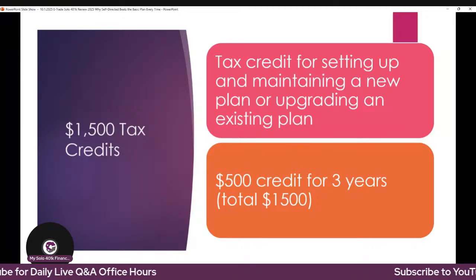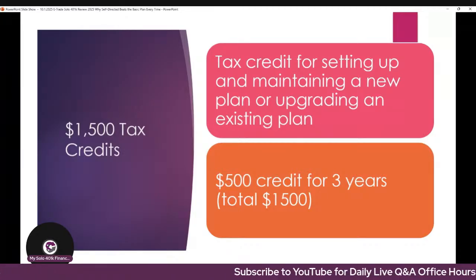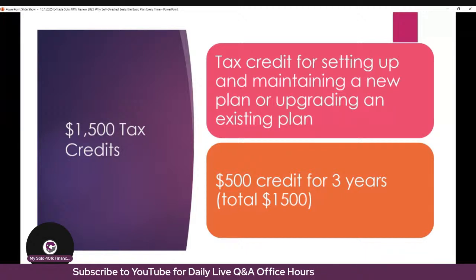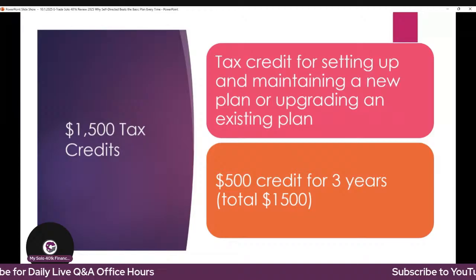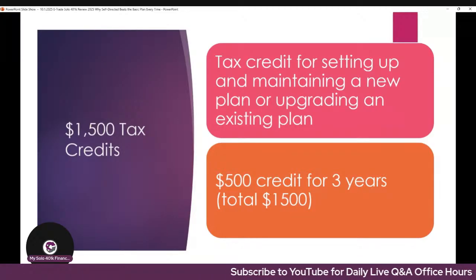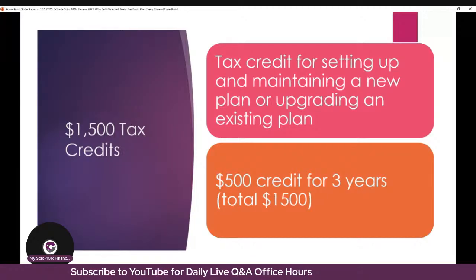Now, it's noteworthy that part of that auto enrollment feature will set a default 3% contribution percentage. But the solo 401k owner, as the participant in the plan, has the right to opt out of the default 3% contribution percentage, which will allow that individual to contribute in whichever amount or schedule they prefer.